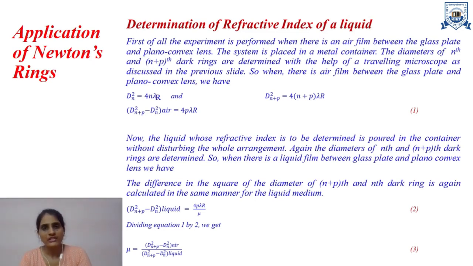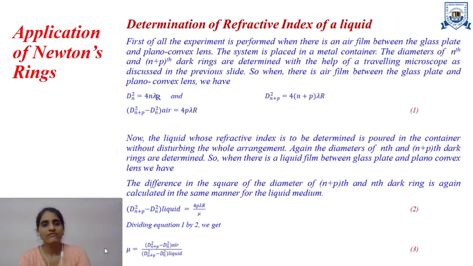In order to determine the refractive index of a liquid, we have to perform this experiment in two parts. First, we will perform this experiment as previously stated, that is, the plano-convex lens and glass plate are placed and the rings are formed, where the film which is formed is of air.